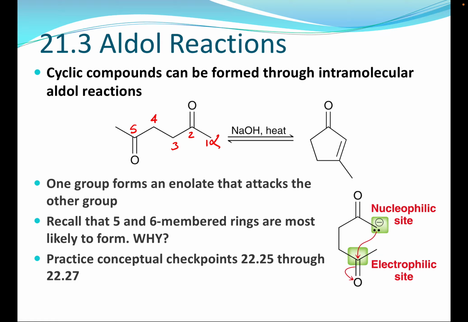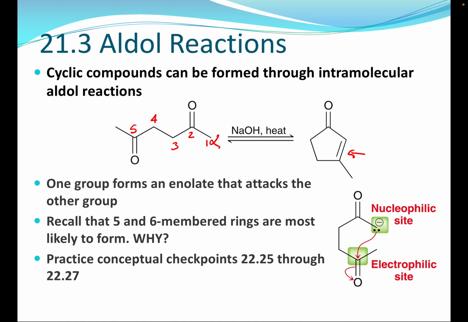And of course, using base and heat, that gives us not only conditions for making the enolate, but also then doing the elimination to produce our cyclic alkene product as well.